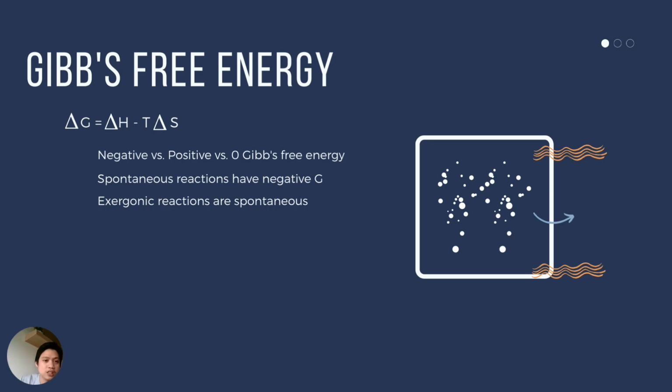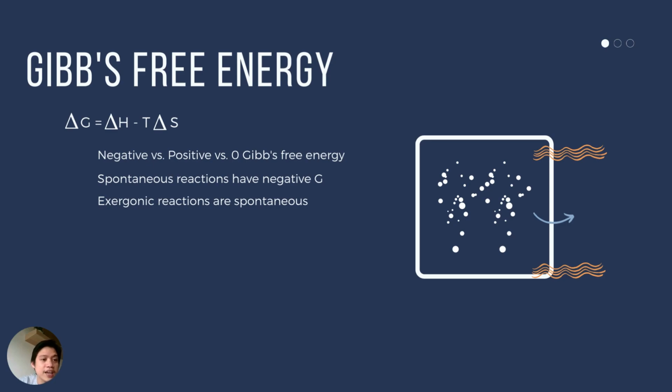What is the total state of energy in the system? That's Gibbs free energy. So if you look at this equation, Gibbs free energy is enthalpy minus temperature times entropy.